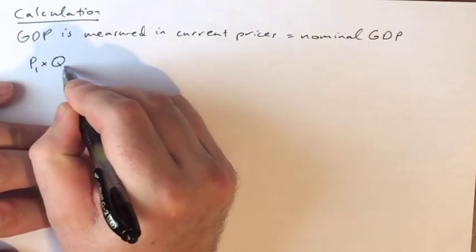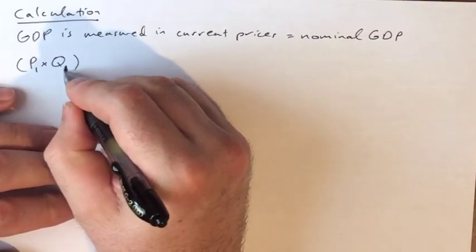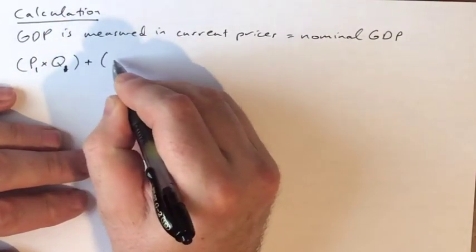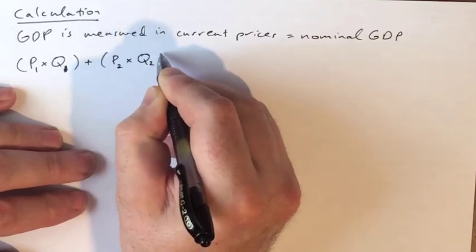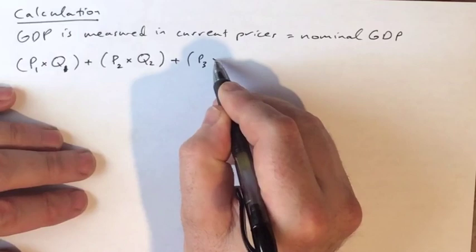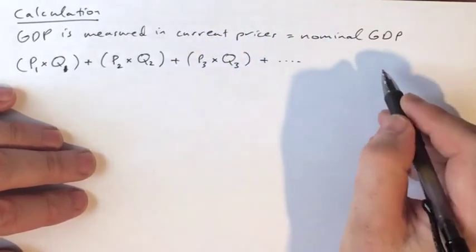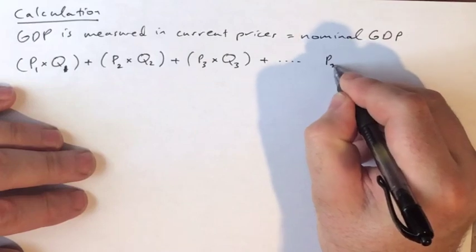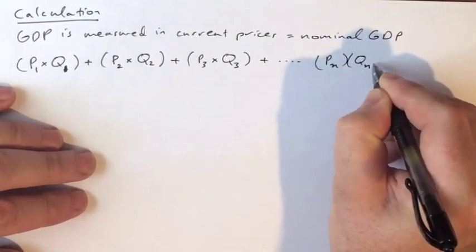We're going to go the price of good 1 times the quantity of good 1. We're going to add to that our next good, the price of good 2 times the quantity of good 2, etc. Add to that the price of good 3 times the quantity of good 3, and so forth. However many goods there are in the society, let's say there's n goods, we're going to multiply all the way up to that.